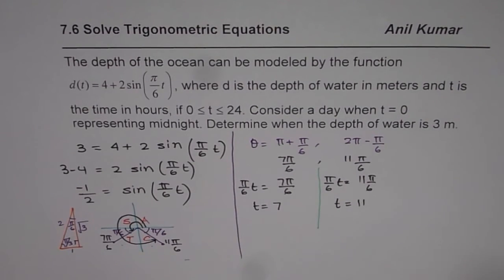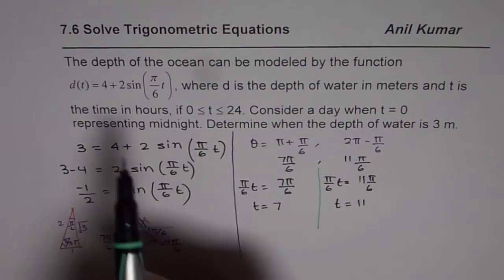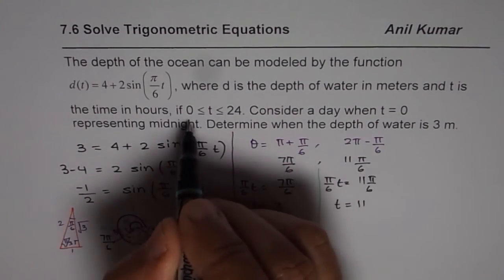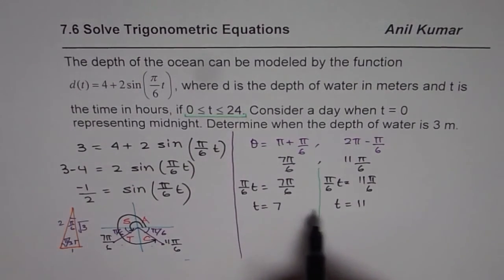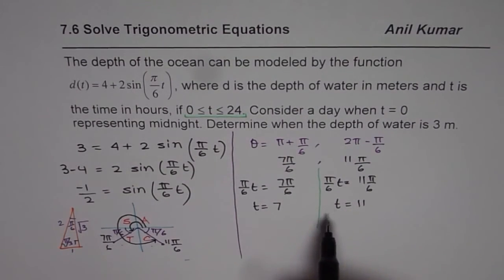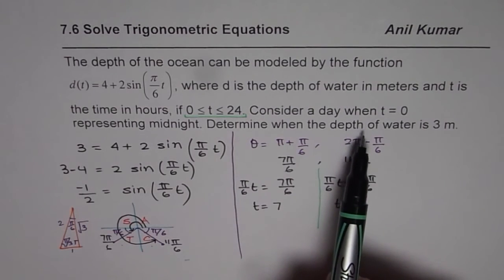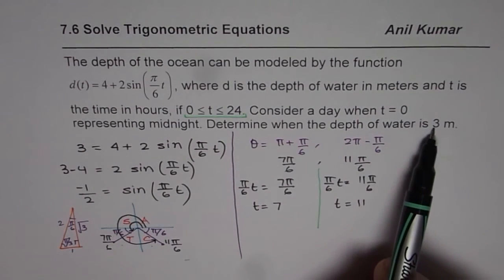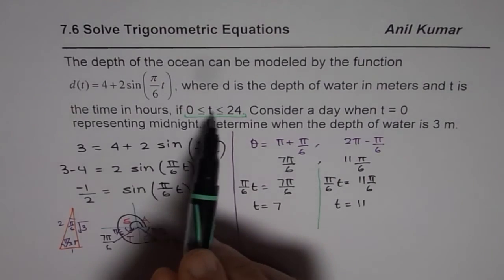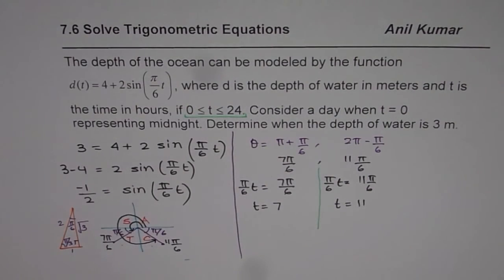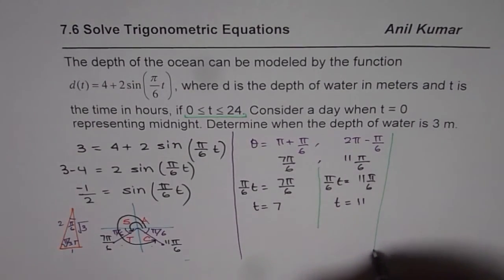Now the question is, we need to find time in hours if t is between 0 and 24. So these are the two times when the depth of the ocean will be 3 meters, but we have to write time within 24 hours. Since the time period here is 12, we can also calculate that.